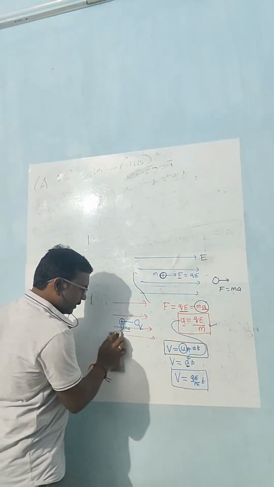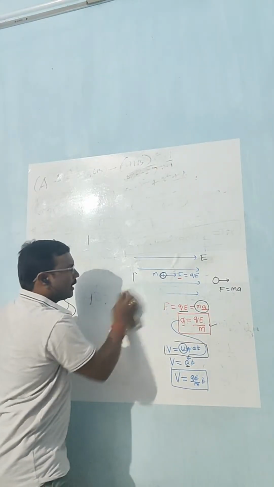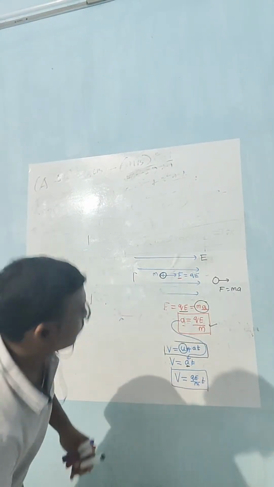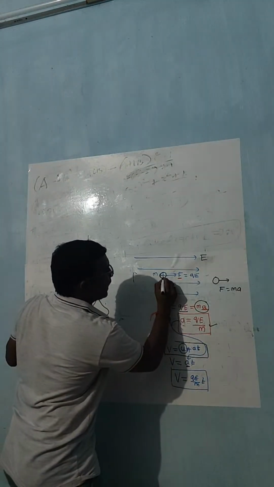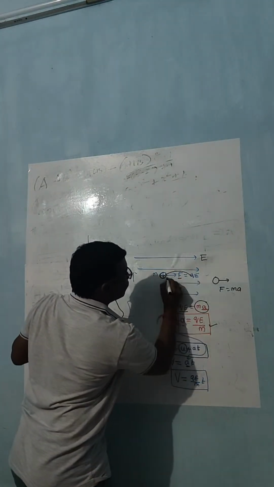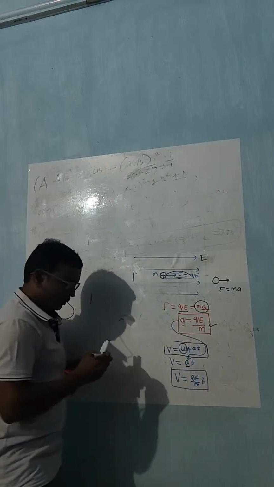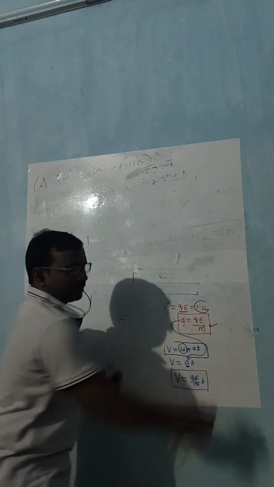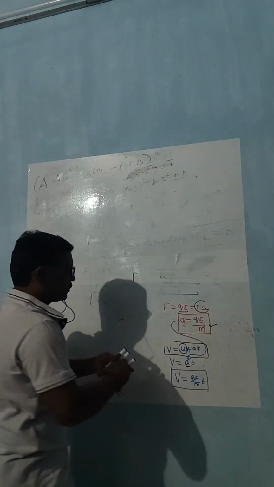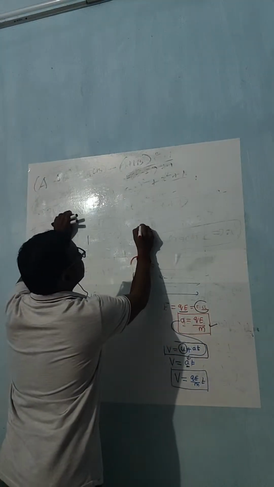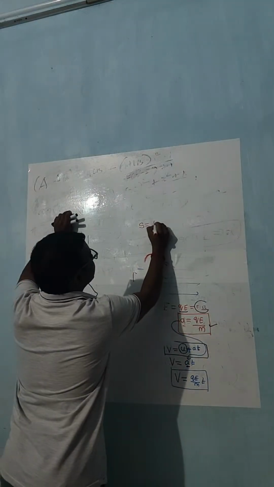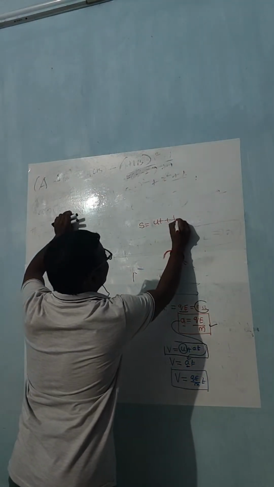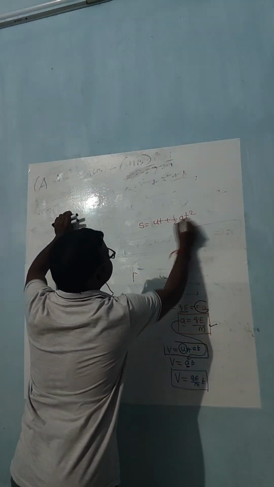Now let us see here. How much it is displaced, it is accelerating up to here, this displacement we have to calculate. So we have the second equation of motion, s equals ut plus 1 by 2 at square.